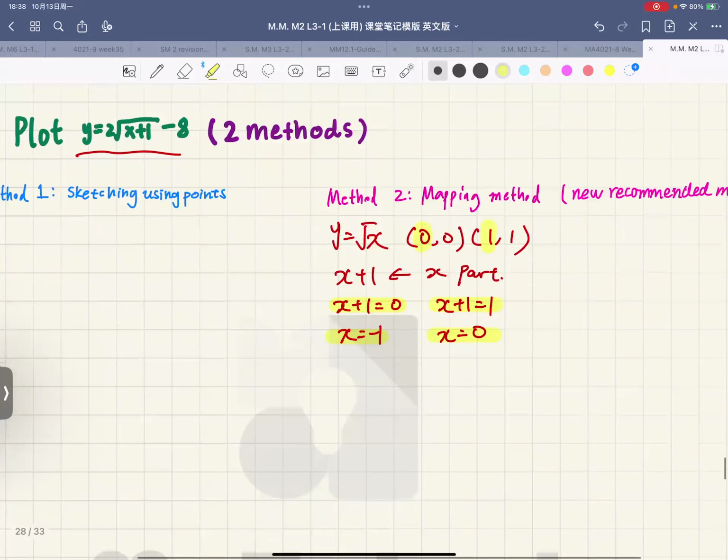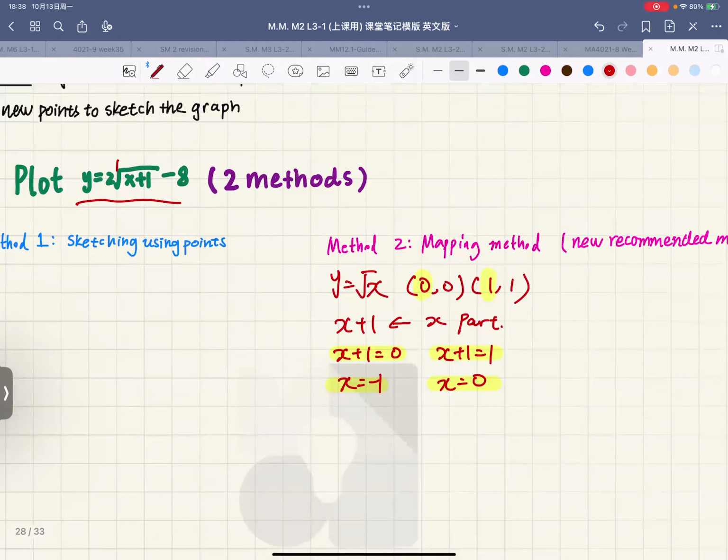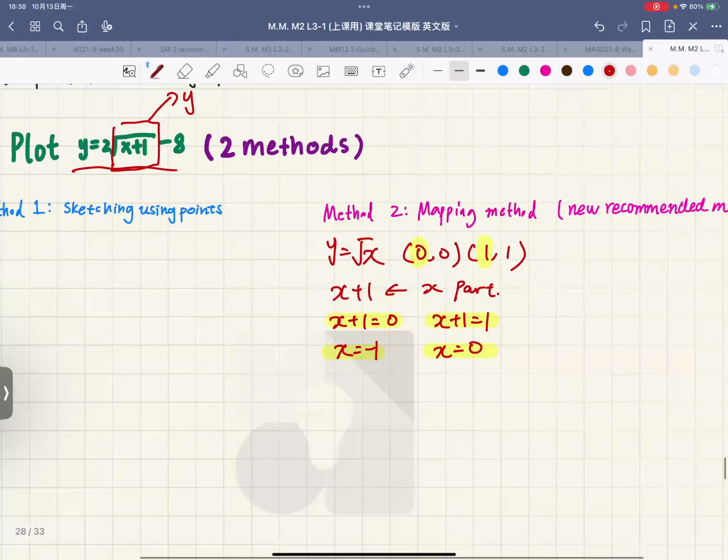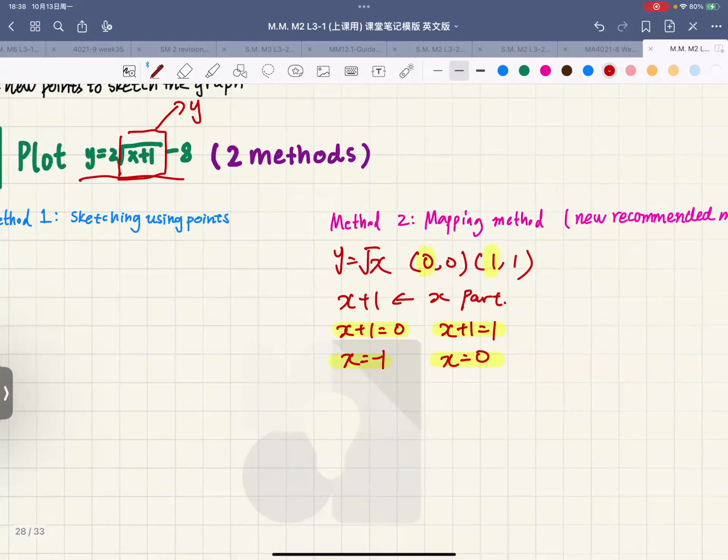Okay, and for the y part, we just treat this as a y. Basically, if the square root of x plus 1 is equal to y, then we have 2y minus 8. Basically, that's my y part.